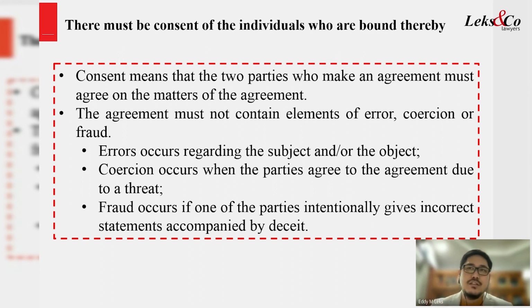There must be a will first. Will is kehendak. So if the consent is defective, we can also say that the will is defective. There is cacat kehendak, a defective will.